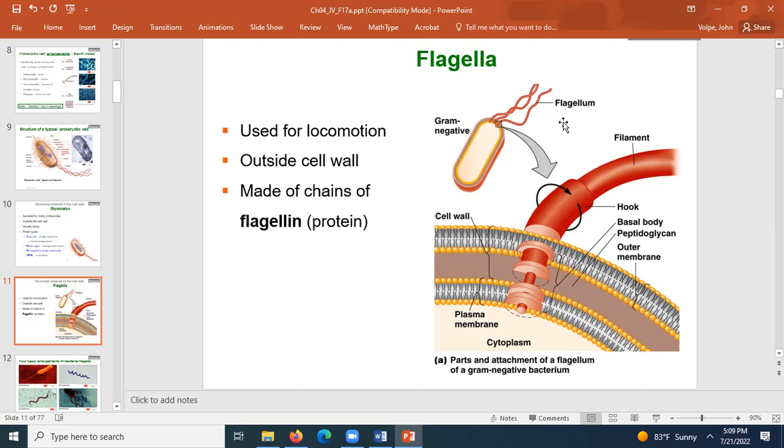The flagella is mostly outside the cell wall, but it does have a portion that's inside the cell wall, and it does have a portion that's actually inside the cell membrane. Flagella is made up of protein, and it has a name, flagellin, and the different chains of this protein, flagellin, make the flagella. Any question about any of that?